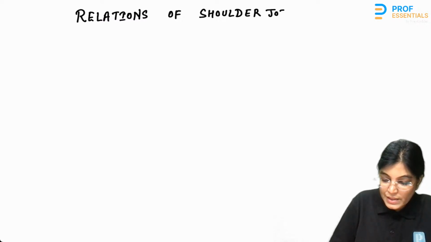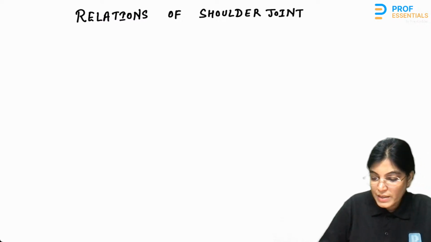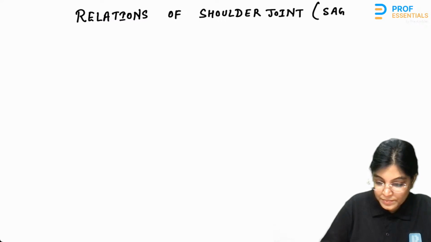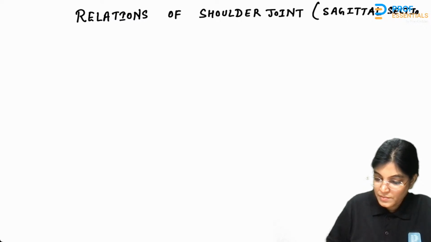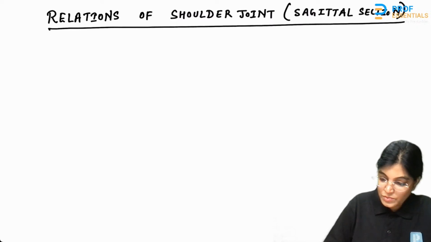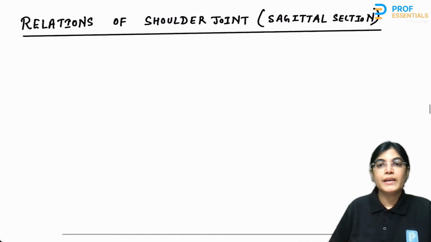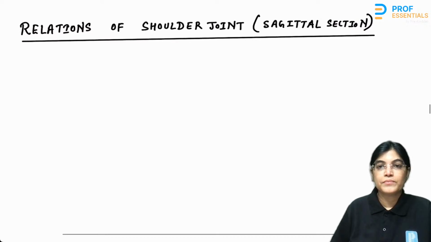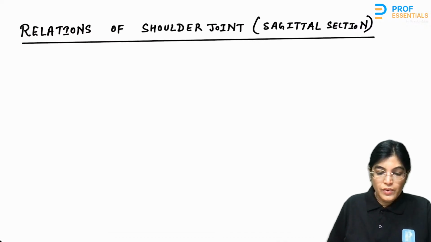To understand the relations of the shoulder joint, we are taking a sagittal section. Firstly write the heading and then we will make a diagram.